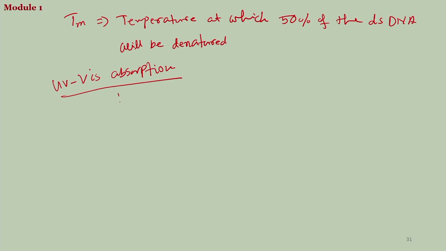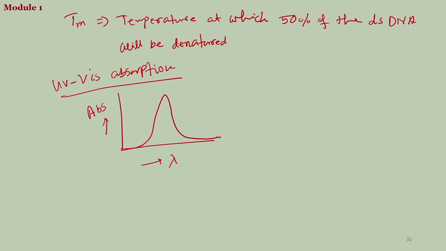It is a spectroscopic technique where you can measure how much the light is absorbed by the sample at which wavelength. So if this is your absorbance and this is the lambda value, the wavelength, then you will see the nucleobases absorb at certain wavelengths. For example, I will just give you one example.